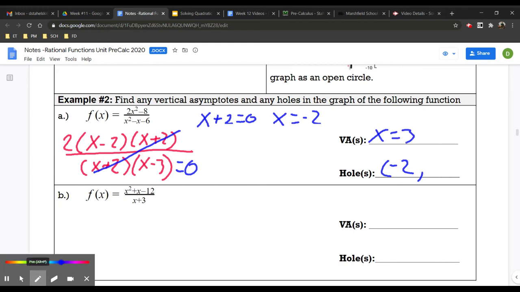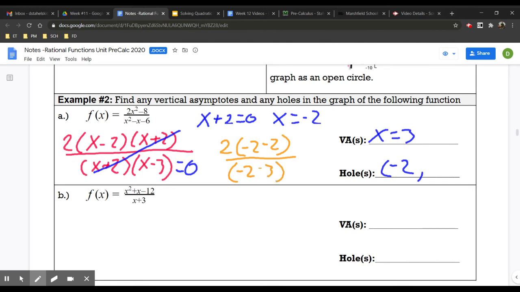To find the y value, coming back to your hole, you are going to plug in the -2 into the remaining part of the equation that you haven't crossed out yet.